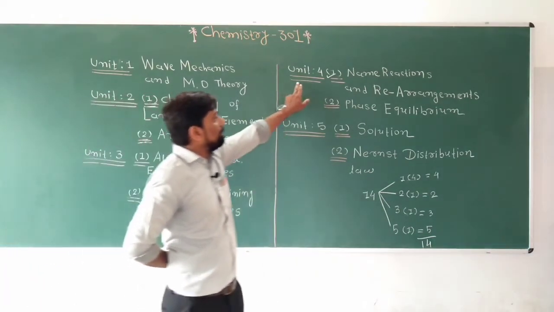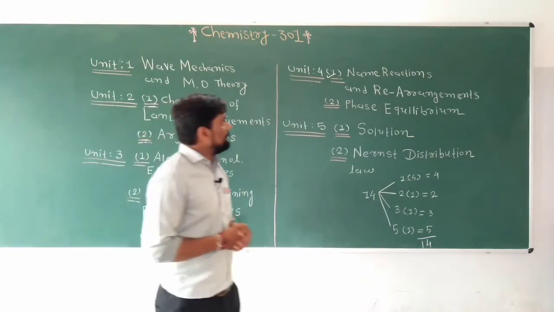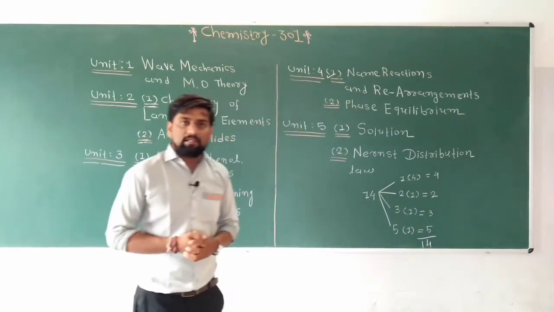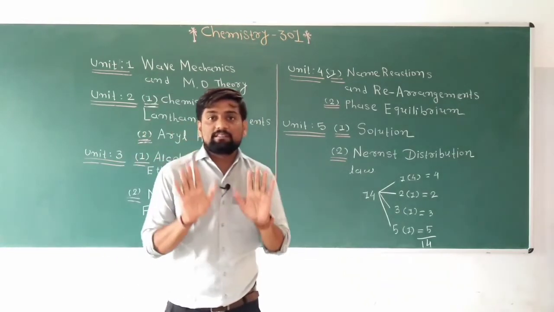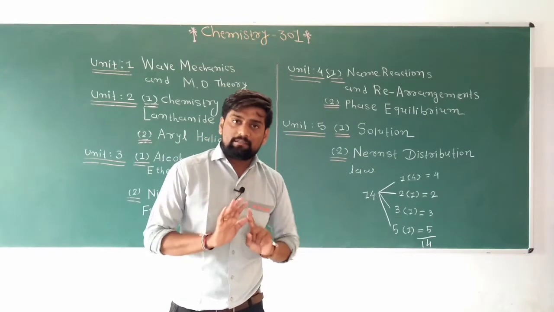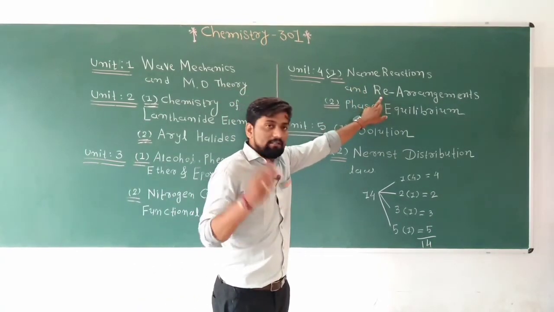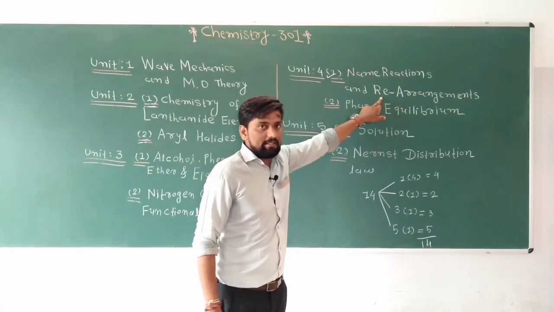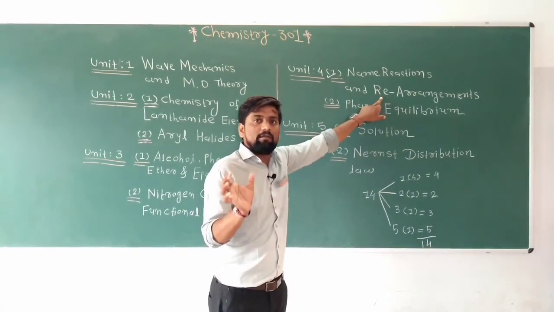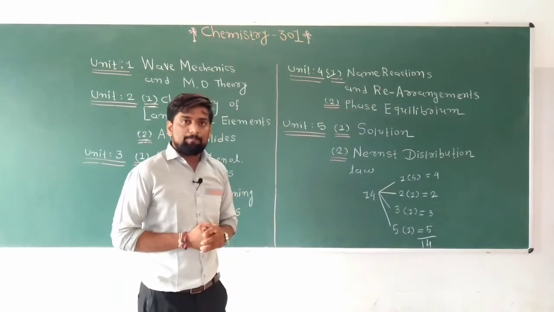Then unit number 4. Unit number 4 has 2 chapters. Chapter number 1 is name reactions and rearrangements. In this chapter we learn about 6 reactions: 3 name reactions and 3 rearrangements. So in total 6 reactions, and we learn these 6 reactions in chapter number 1.